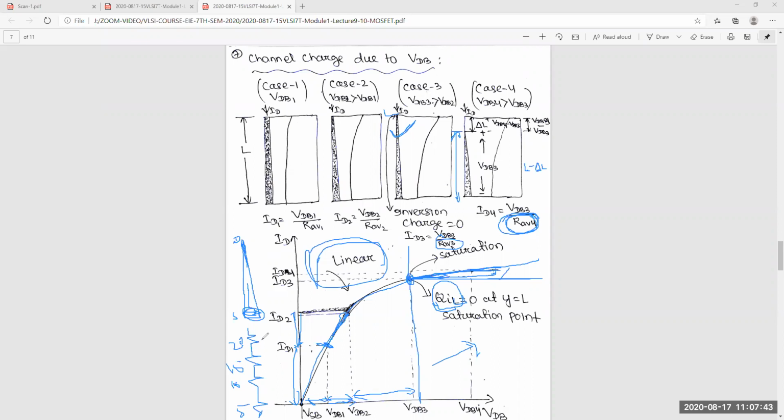The source side. On the source side electrons are more, so the resistance will be small. On the source side, the charge region is thick, that means the resistance will be small. If you go to the drain side, gradually the resistance will increase.